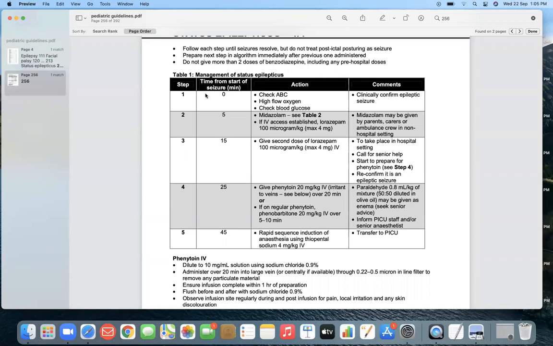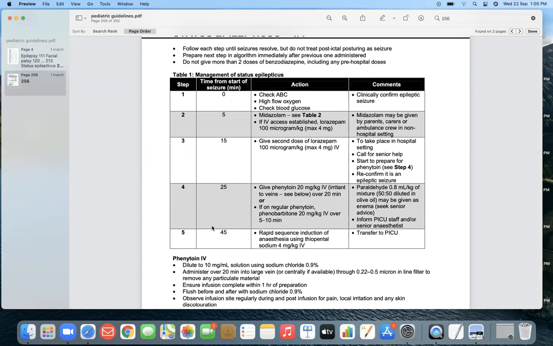So here the time is 0. This is the starting time for you, that is from the time of start of seizure. Then 5, 15, 25, 45 for your actions. After giving the first dose, in 10 minutes, if there is no improvement, you will go for the second dose. Then in 10 minutes, if there is no improvement, you will go for phenytoin or phenobarbital, depending upon whether the child is on phenytoin or not.